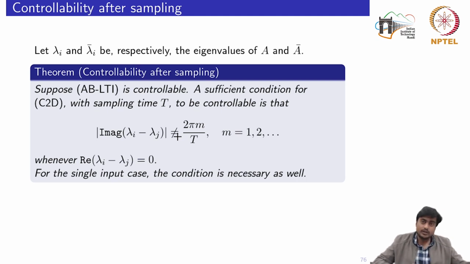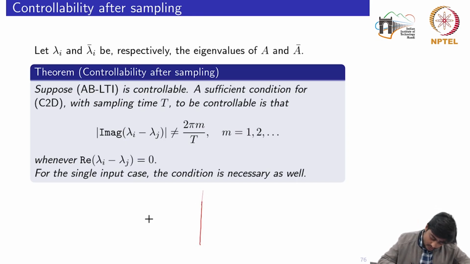We won't be going through the proof of this result, but we'll see various implications of this result. First of all, notice that if the eigenvalues of the A matrix are only on the, let's say, what could be the possible cases. So this is my s plane.